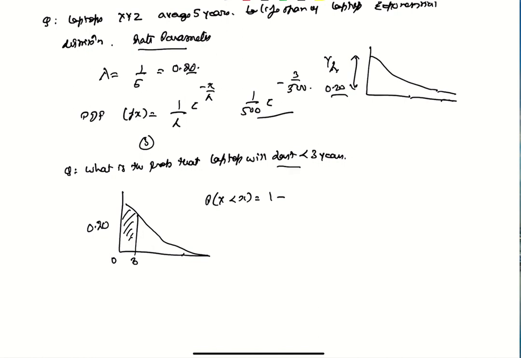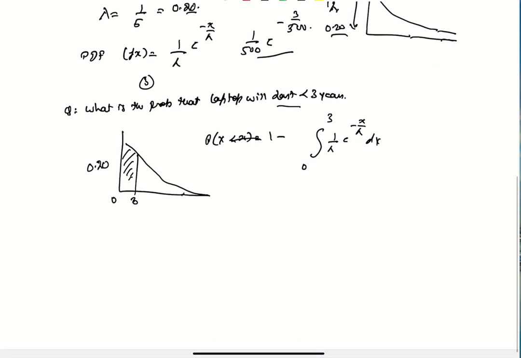The probability that it lasts less than 3 years is from 0 to 3, so you will do this integration from 0 to 3, and you will write 1 upon lambda e to the power minus x upon lambda dx, and that will give you the answer. And that will be the same if they ask for more than 10 years, then you would write 10 years and infinity here, and then just the PDF here, and use the integration to get the answer.